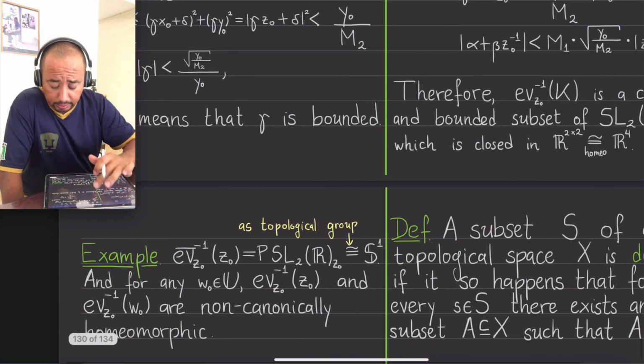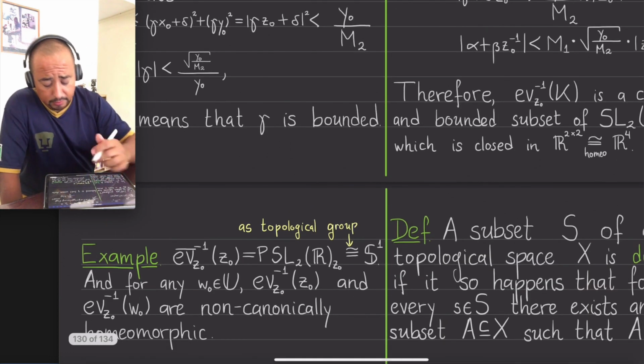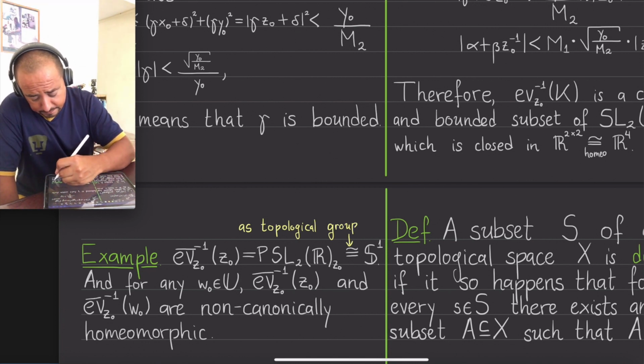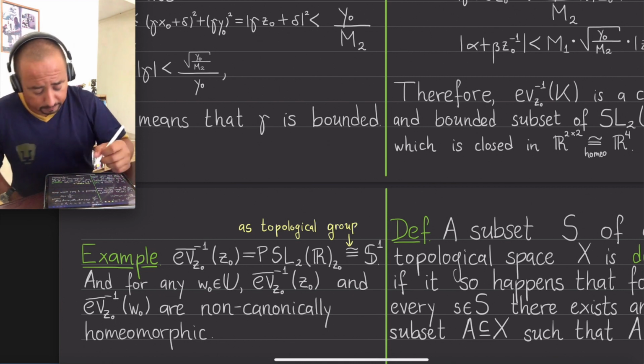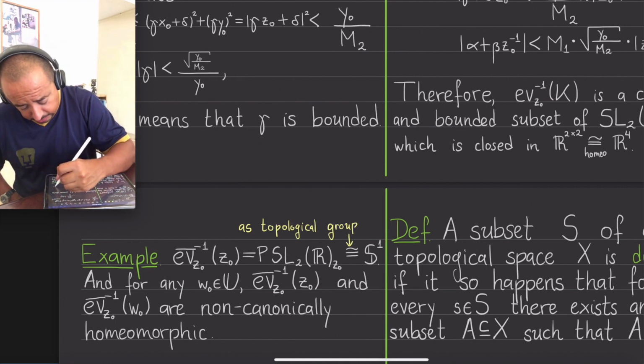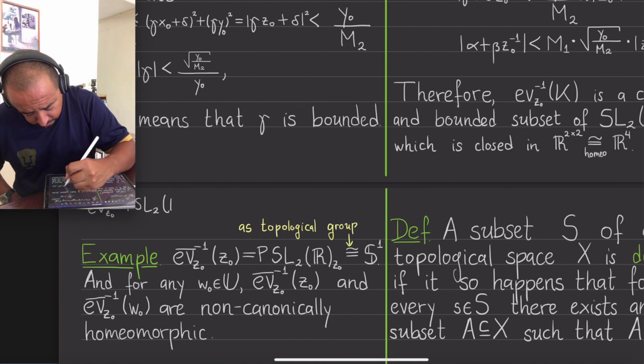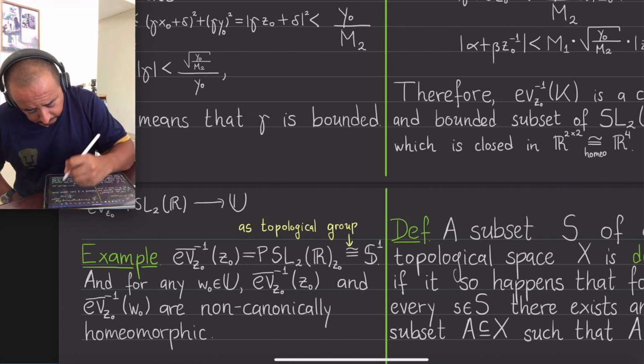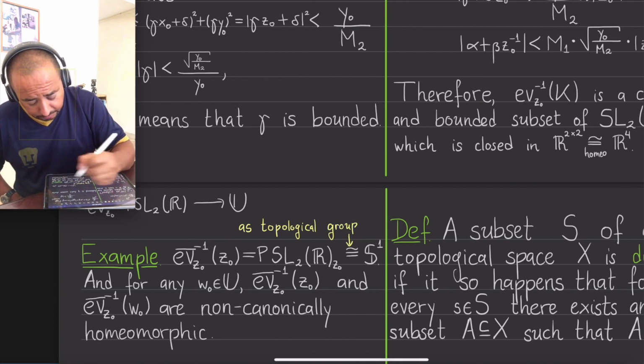Okay. Now, again with this bar, here I'm defining F Z0 from PSL2R to U. And you see, a Mobius transformation goes to its evaluation at Z0.